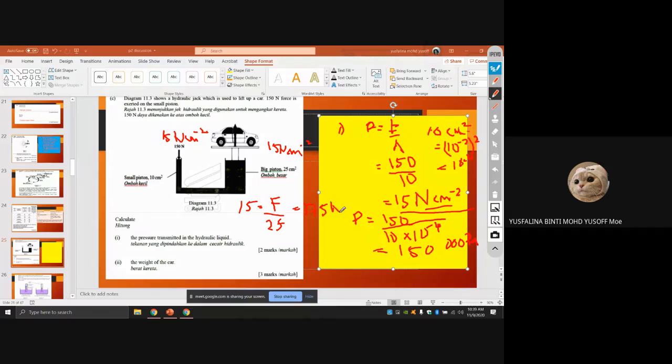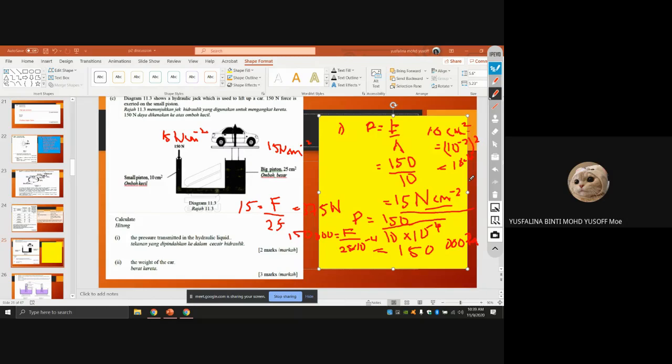This is if you didn't change the unit. So if you change the unit, let's say the pressure is 150,000, we use this one. The force you need to find, and the area here is 25 times 10 to the power of negative 4, changed the same way as before.